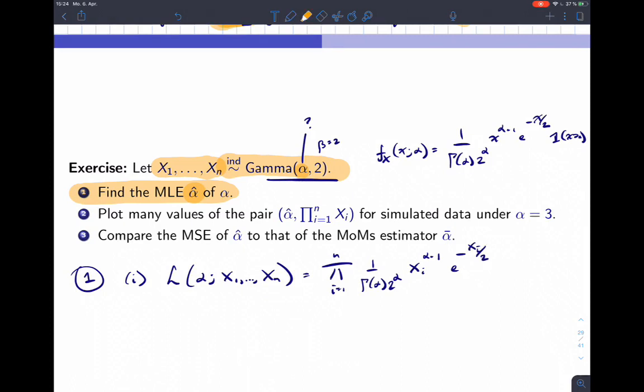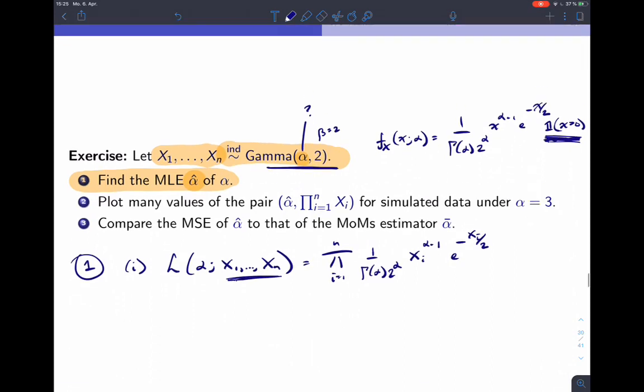And you know what? We do not always have to carry around these indicator functions. If the value of the parameter determines the support, then we do need to be very conscious of this indicator function. But I can just keep in mind that all my xi's have to be greater than 0, and then I can ignore this indicator function part.